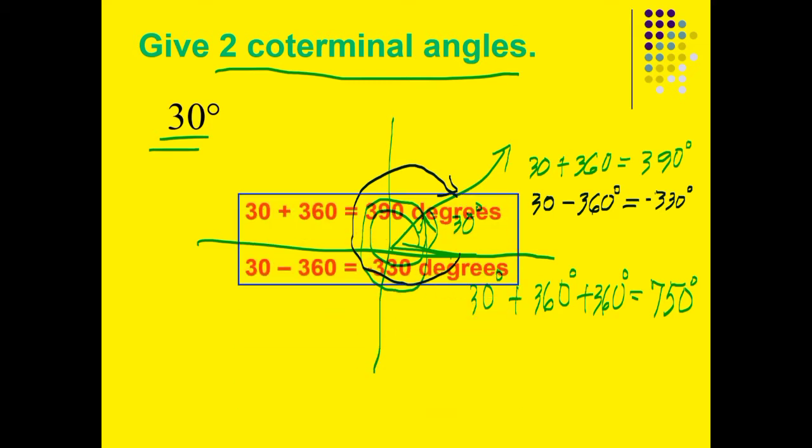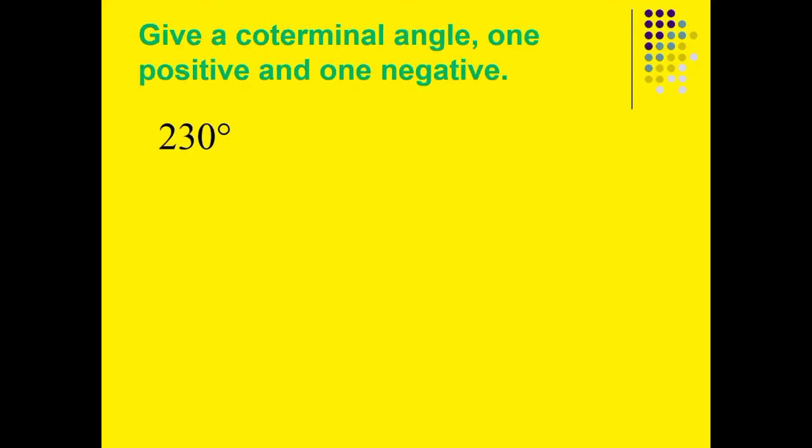Okay, that one. So give a coterminal angle, one that is positive. So meaning to say, we're going to give our answer in the counterclockwise rotation. Then the other one is the negative one, which we can get through the negative direction by means of clockwise direction.